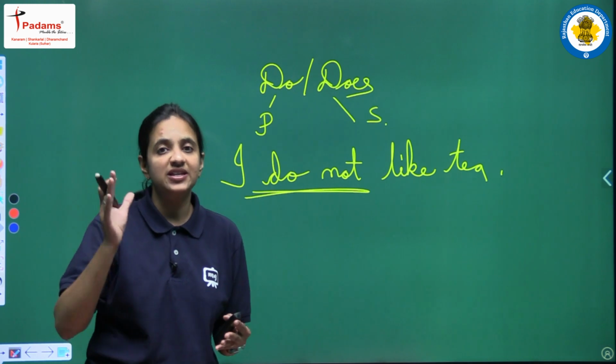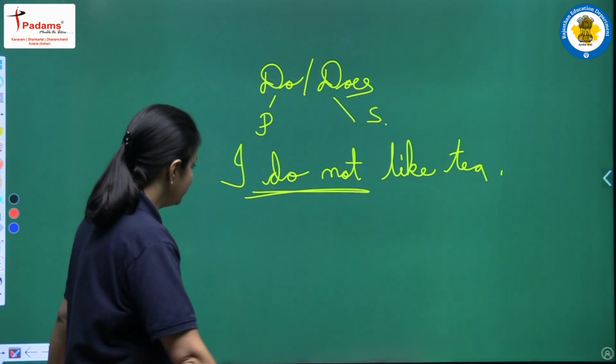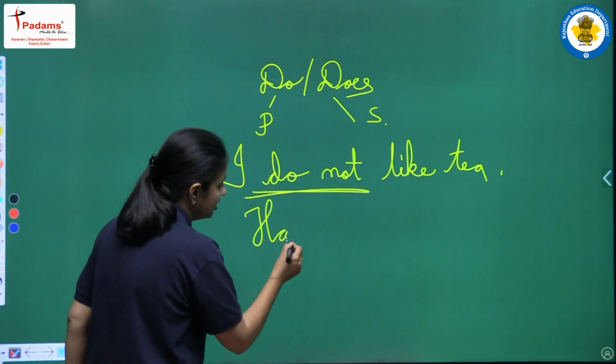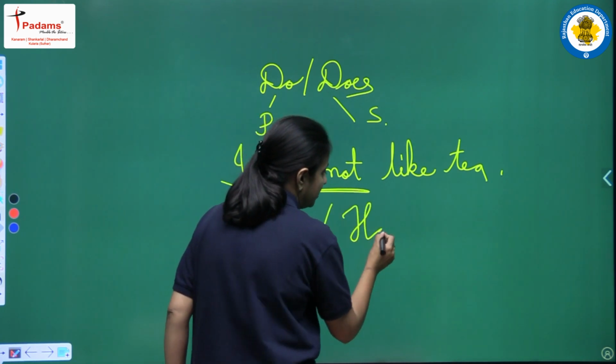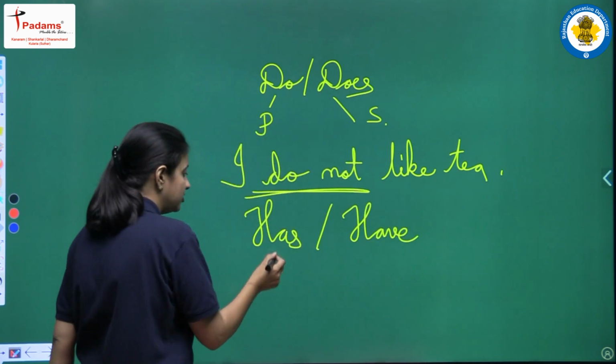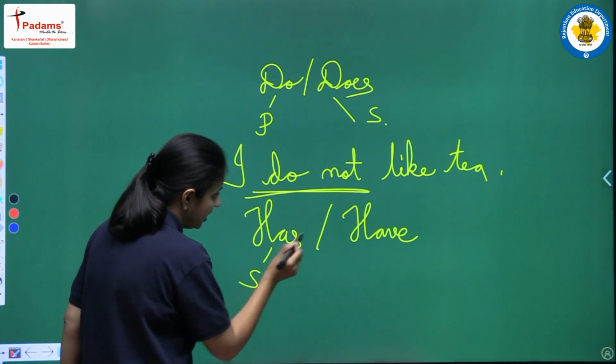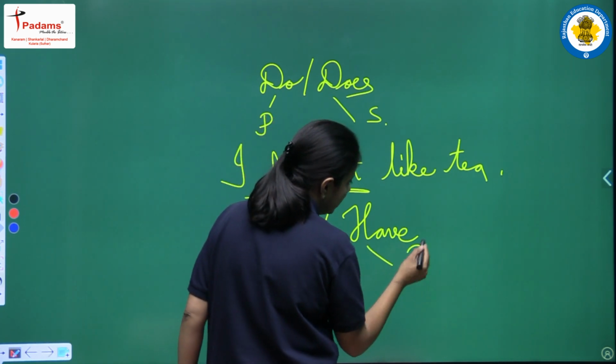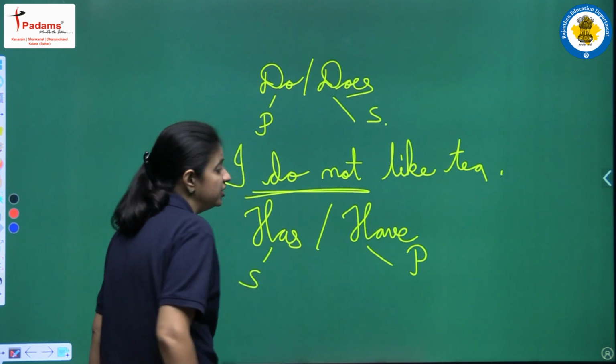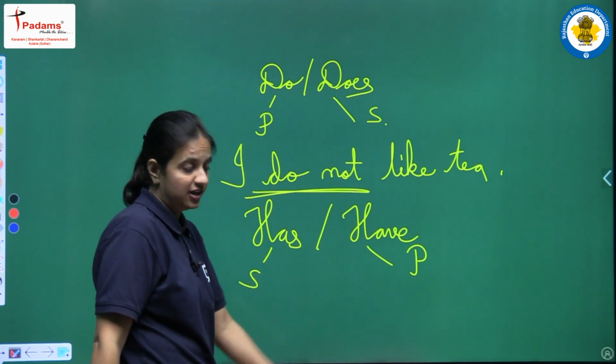Next we were having present perfect tense. In that tense also we were having two helping verbs, has and have, and in that case also has was used for singular and have was used for plural, and we were using have for I, right?